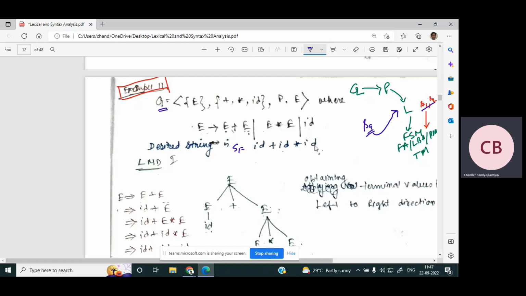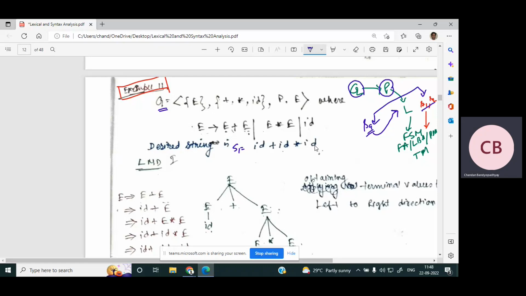That means here our concentration will be only on grammar and production rule. The rest of the parts that I have shown here are for conceptual purpose. This is the architecture you need to remember, because every time I will be specifying something that will be correlated with this architecture that I have already defined.